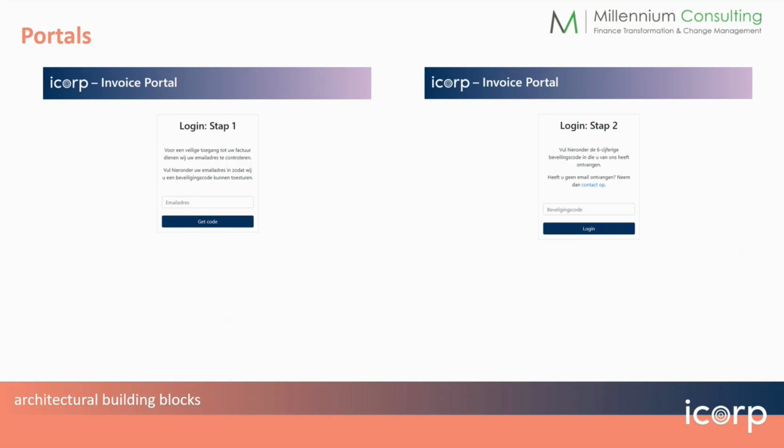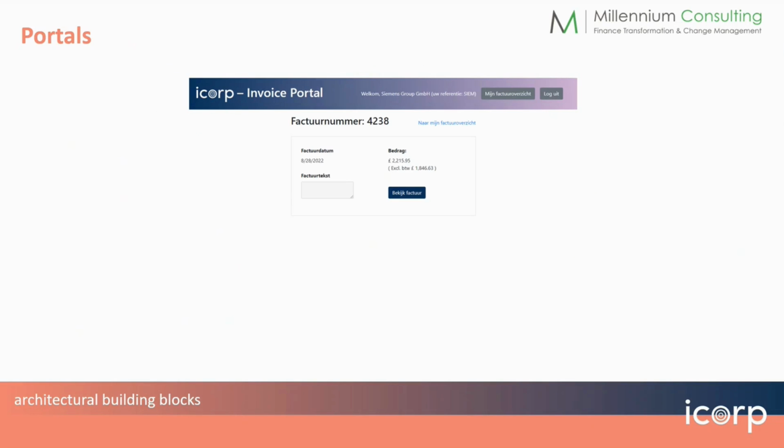How this works is that you either get a mail from the system saying please click this link to go to the invoice portal and see your invoice, or they could directly navigate to this one. They enter the email address, they receive a two-factor authentication as a verification that this really is the debtor we're talking about. And having provided that security code, they're able to access a specific document here, where they're able to download the invoice PDF.